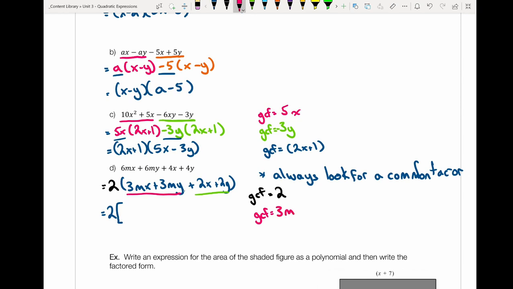We can see 3m in both of them. So when I factor that out, I get x plus y. And in the second part, I can see that I have a common factor of 2. So it's going to be plus 2 and then x plus y.